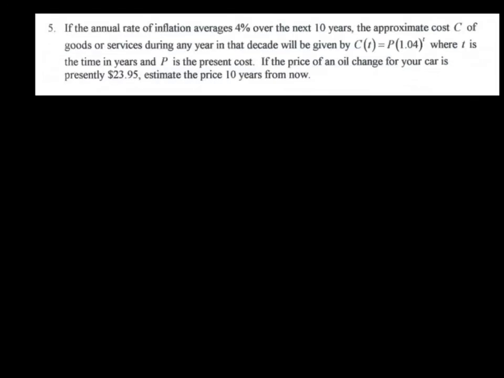Our last problem, number 5, is about inflation. And they tell us that inflation averages 4% over the next 10 years. And then they give us this formula where P is the initial amount or the initial cost of something. And you see here, here's our 4%, and here is our 104%. And t, every year, is our variable.